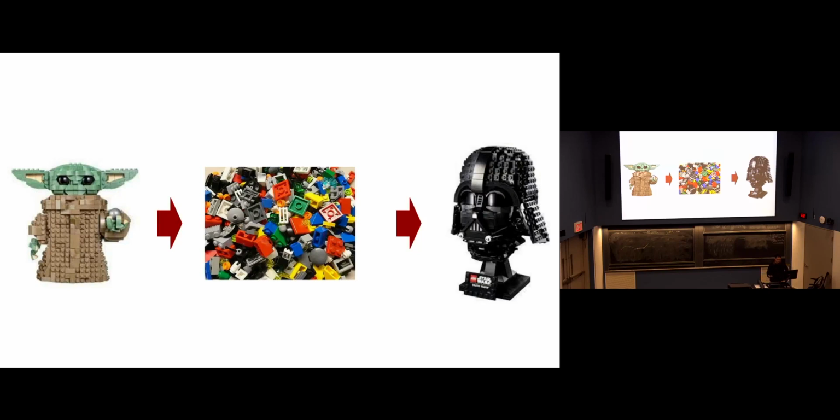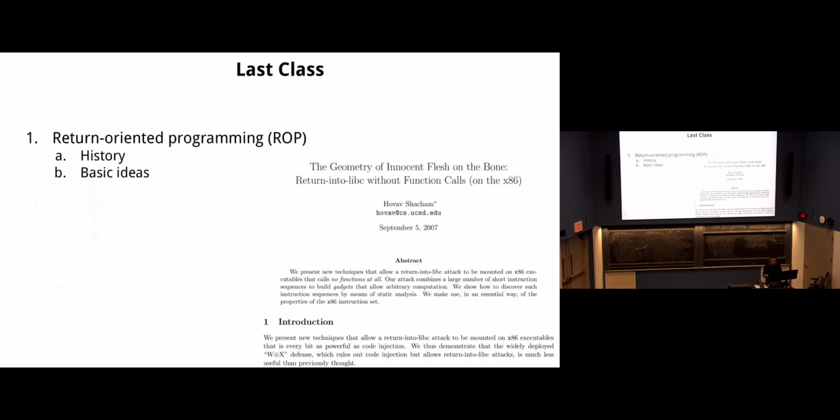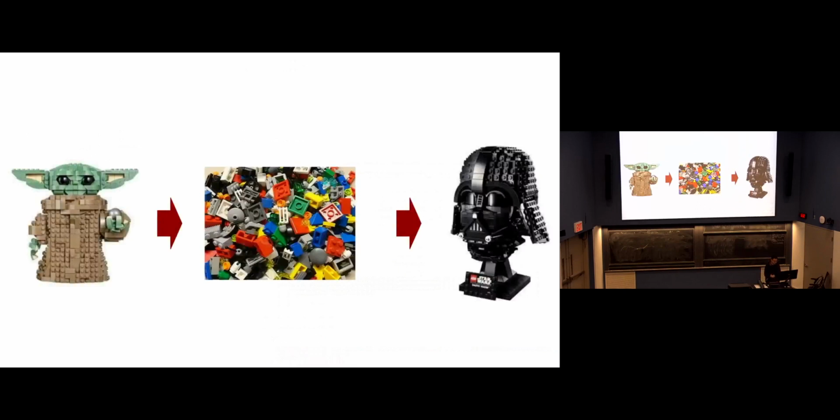Okay, so now I hope you get a feeling why the original paper is called the geometry of innocent flesh, okay? Because those bytes, those instructions are innocent. They were not even there, right? So now I hope you get that. You can see the idea here is kind of like breaking up a Lego, right?